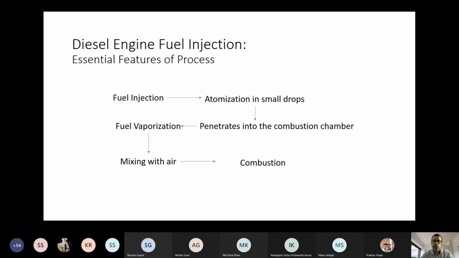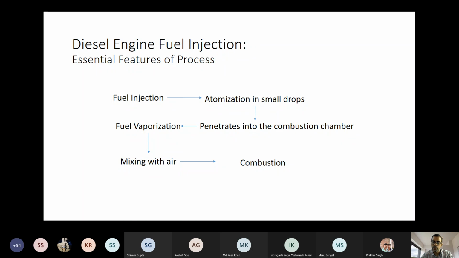For a given engine speed and engine geometry, the air flow rate is going to be constant, and by changing the amount of fuel input energy, the load on the engine varies. That's why I told you there is no throttle in the intake manifold of the diesel engine.